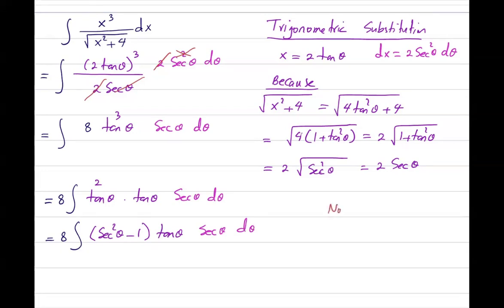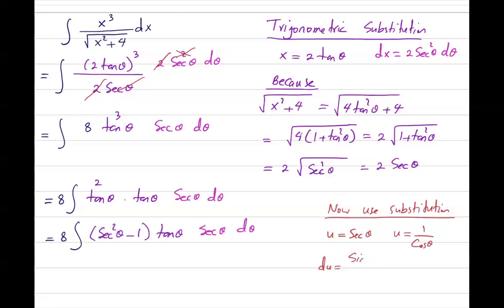All right, let u be secant theta. So now use regular substitution. Let u be secant theta. When u is secant theta, remember that this can be written as 1 over cosine theta. When you're finding du, this is basically 0 times cosine minus sine.